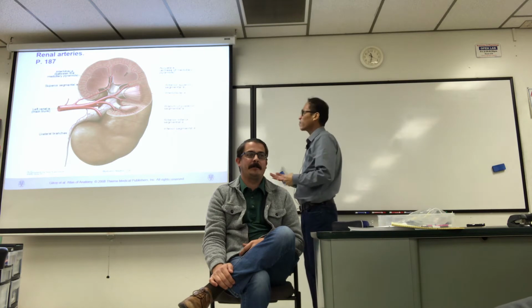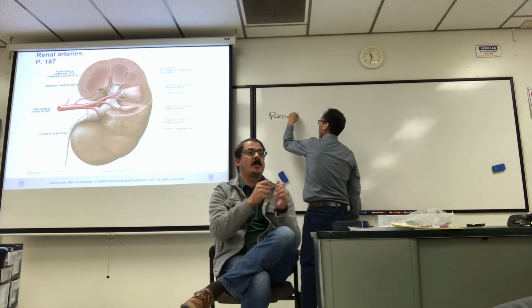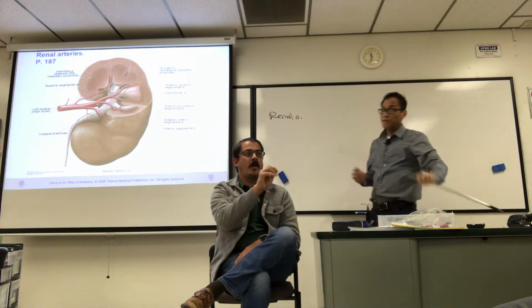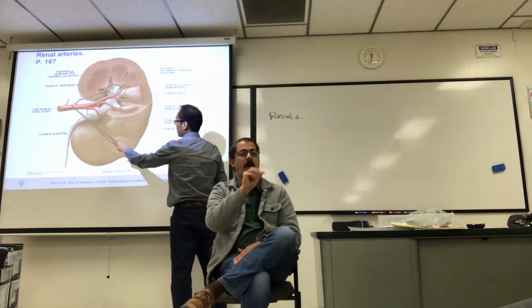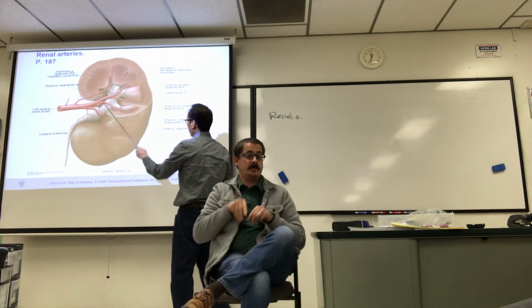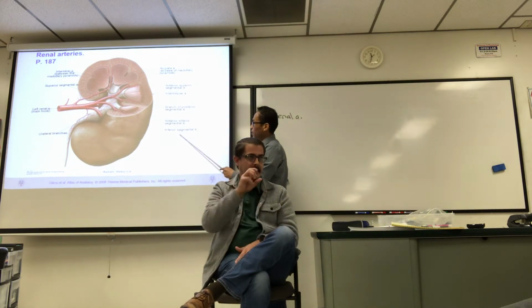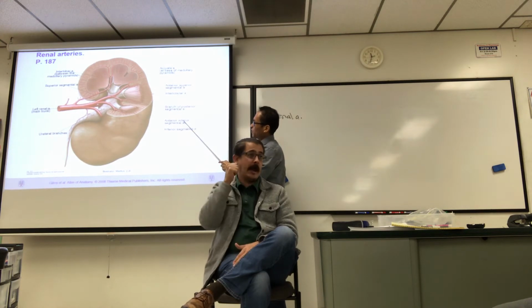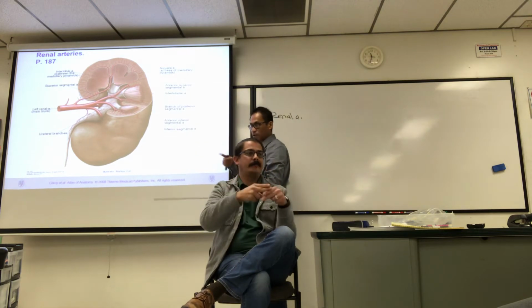So it starts off with renal artery, the big one. The renal artery is a direct branch of abdominal aorta. There it is right there. And you can see these first branches that come off and go to a segment of the kidney, they're all called something segmental. You don't have to know if it's inferior or anterior inferior or anterior superior. Let's just call them all, that first branch, segmental.